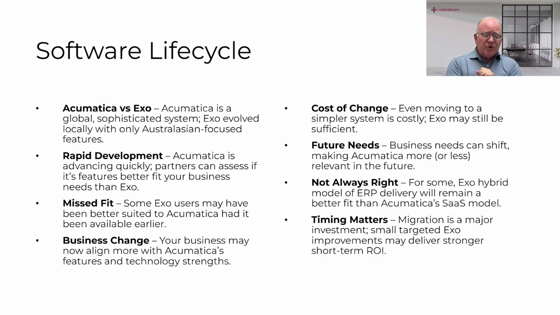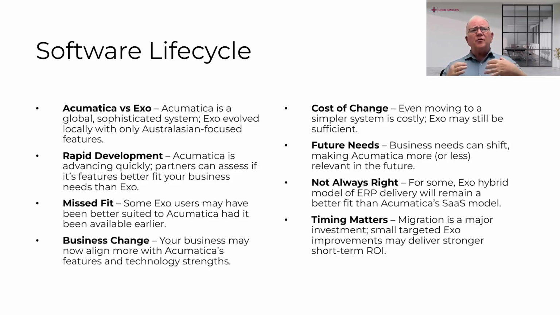There are some users on EXO who, from my perspective, should never have been on EXO. It's a mismatch. Had Acumatica been available at the time, they should have gone to Acumatica because their focus is maybe on financials, maybe less on operations, and therefore they would be better off with the feature set or the focus of Acumatica.